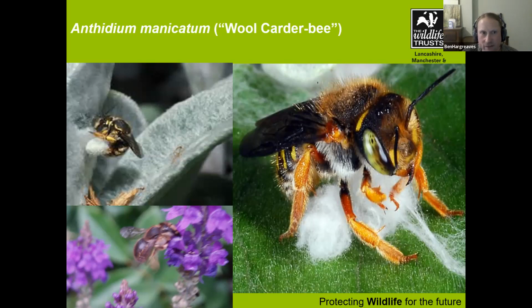It uses things like lamb's ear, Stachys, in the top left and shaves the hairs off, and then uses those hairs to line the inside of the nest cell. It's quite a unique bit of behaviour on its part. Bottom left, that's a very deliberately blurred picture just to show how you're more likely to see it whizzing around your garden. They seem particularly fond of toadflax and other labiates for pollen and nectar, probably both. Next slide, please.